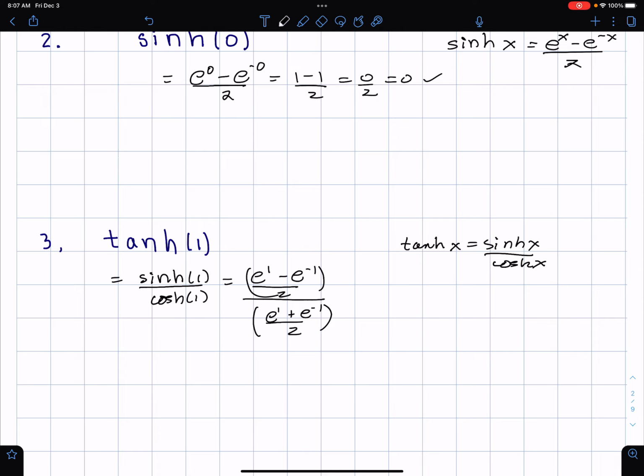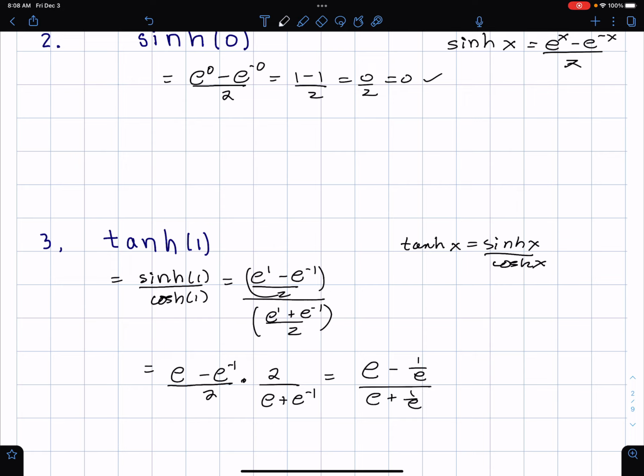And so this is going to be e to the minus 1, e to the plus 1, which is just e to the minus 1 over 2, then multiplied by the reciprocal. So we get e minus 1 over e divided by e plus 1 over e.